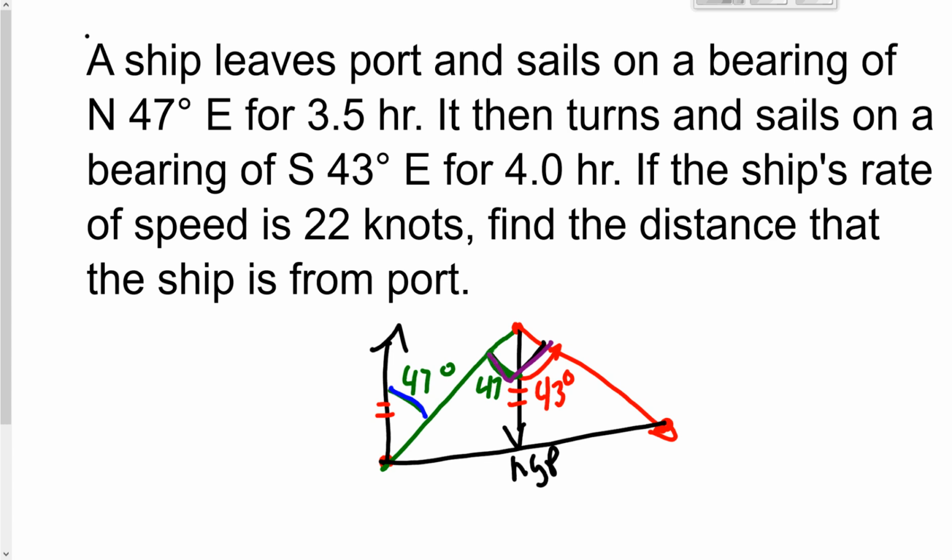So distance for this first one in green: we take 3.5 hours and multiply that by how many knots we're going, and that will give us the nautical miles, because knots are just nautical miles per hour. We know the time, and we want to find how many nautical miles we've gone. The speed in both of them is 22. So we multiply by 22, and we get 77.